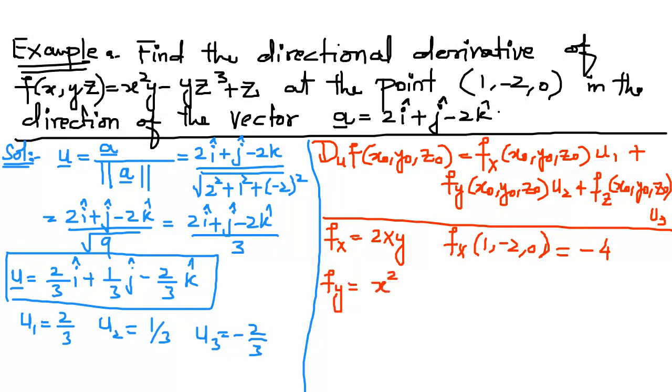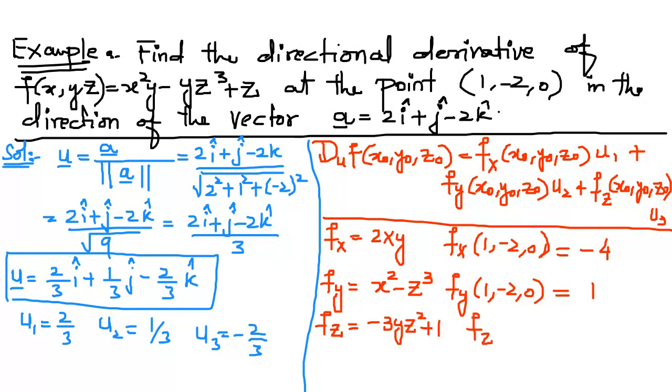That is equal to x square minus z power 3. So when you put the point 1, minus 2, and 0, that will give you 1. Similarly, you can find the partial derivative with respect to z, that is equal to minus 3y z square plus 1, and when you substitute the point 1, minus 2, and 0, that will give you 1.